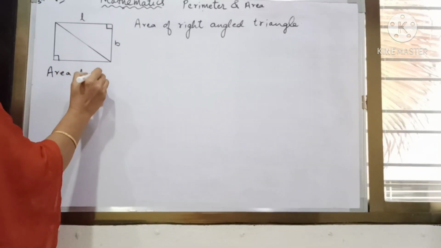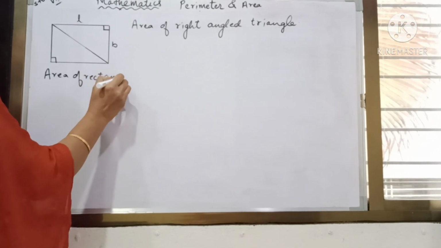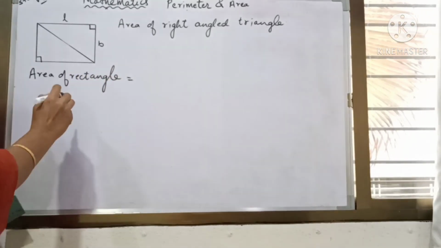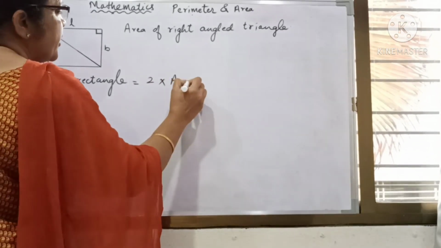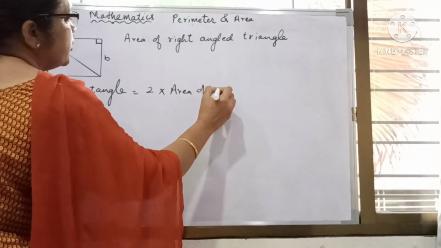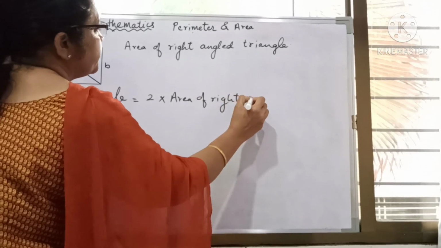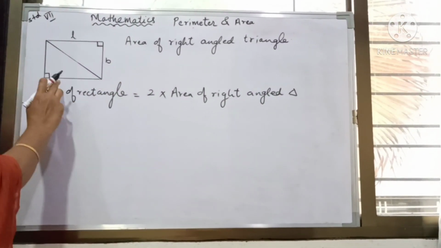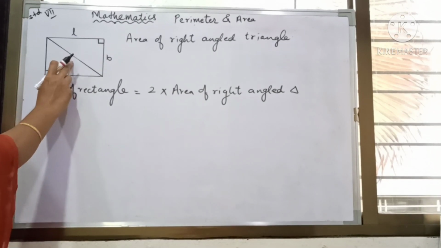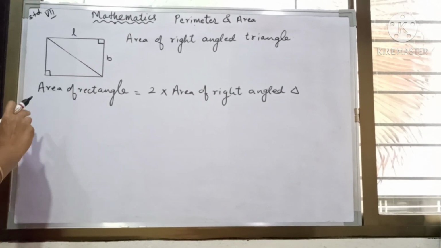Area of rectangle is equal to 2 into area of right angle triangle. Why 2? Because here we are having two right angle triangles.